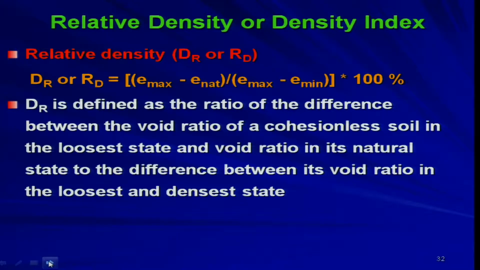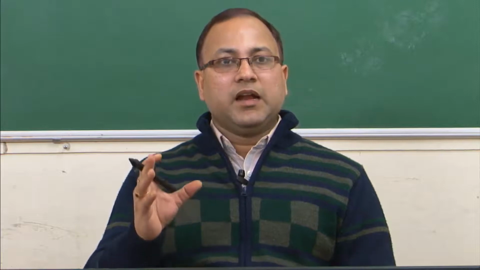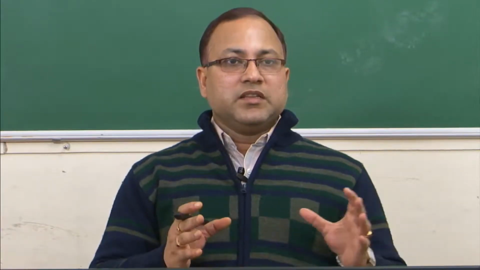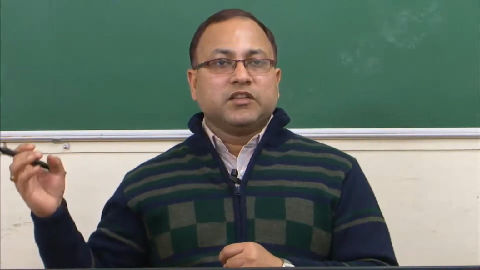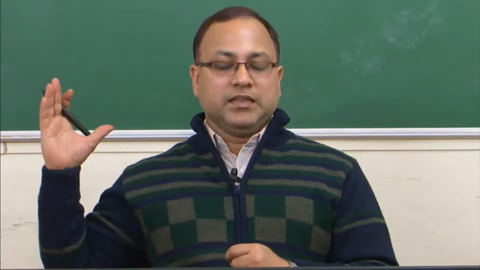So, e min is the minimum void ratio the soil sample can have, and that is at the densest state. That will give me the relative density, and based on it I can say whether it is dense soil, medium dense soil or loose soil.